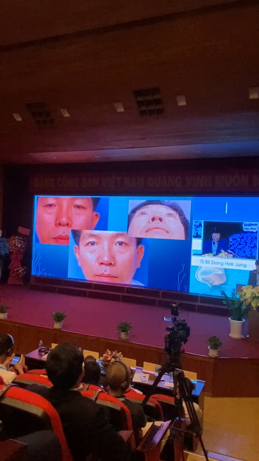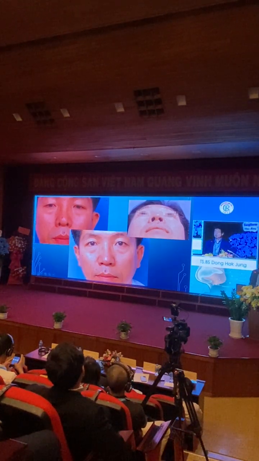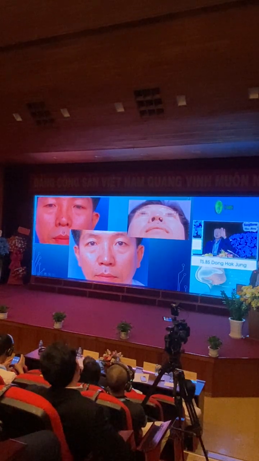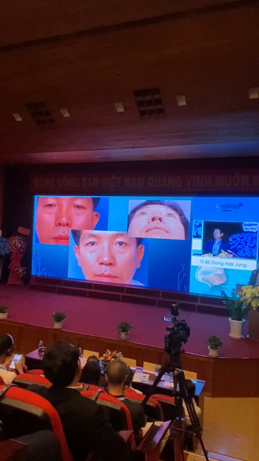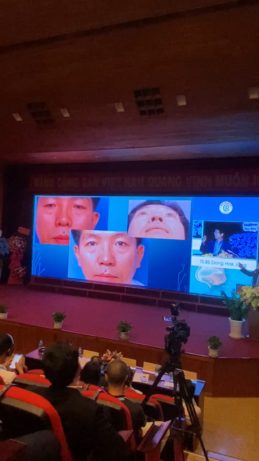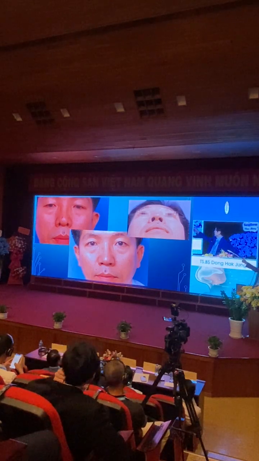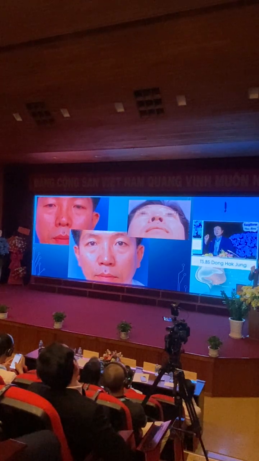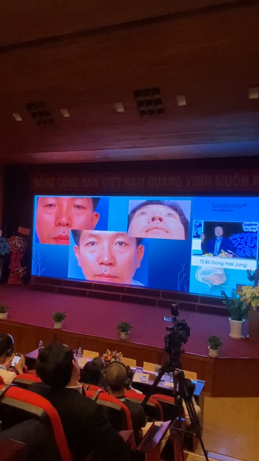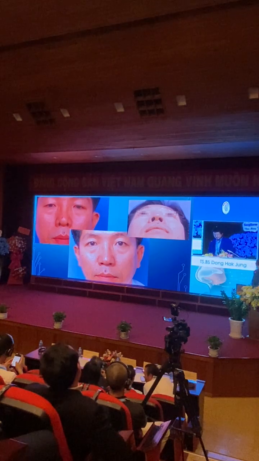But sometimes it looks like a scar. You can see it. When you give a composite graft, maybe 6 months later, if somebody can see the scar and complains, they may need a small scar correction. You have to say so beforehand. It's better.